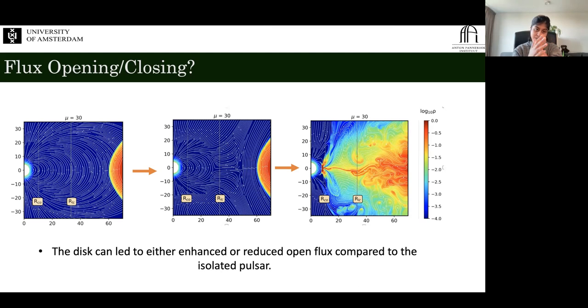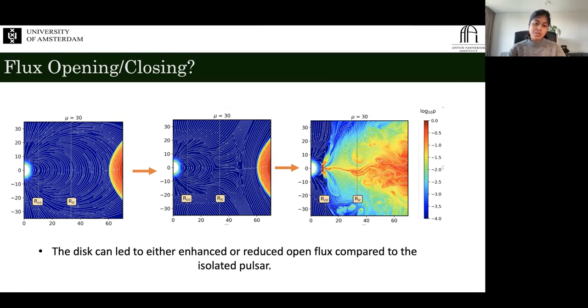So the endpoint of this whole slide is basically that the disk can either close or open the initial closed zone. The disk can either open this closed zone, leading to an enhanced open flux and an enhanced jet power, or the disk can actually close these initially open stellar field lines, leading to a lower jet power in this accreting system.